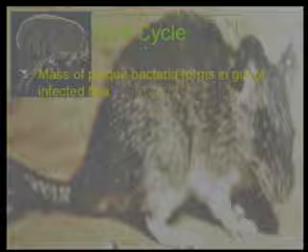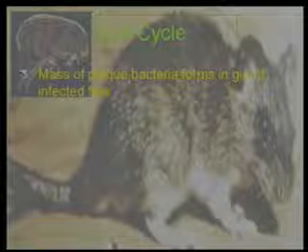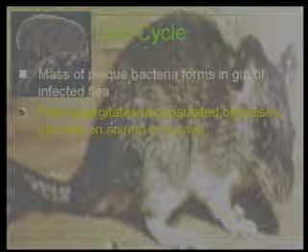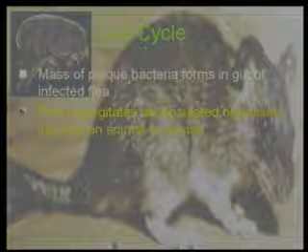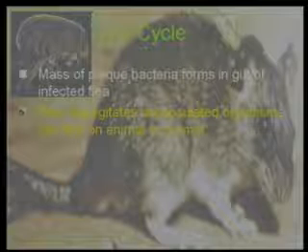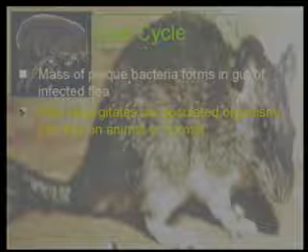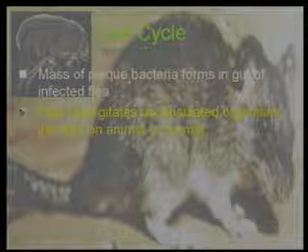Masses of plague bacteria form in the gut of infected fleas, and as they take a blood meal, they regurgitate unencapsulated organisms into the bite of an animal or human. Unencapsulated. In the flea, it is unencapsulated. Okay?